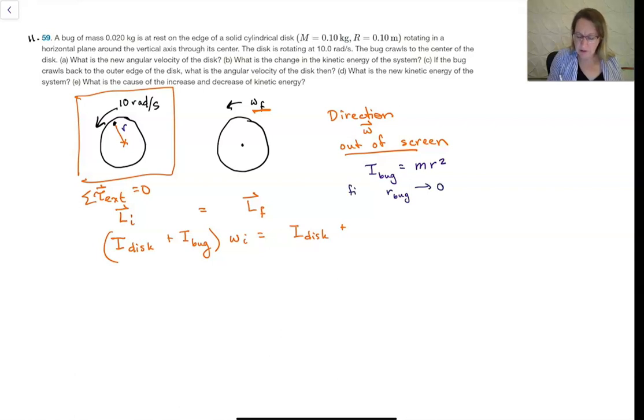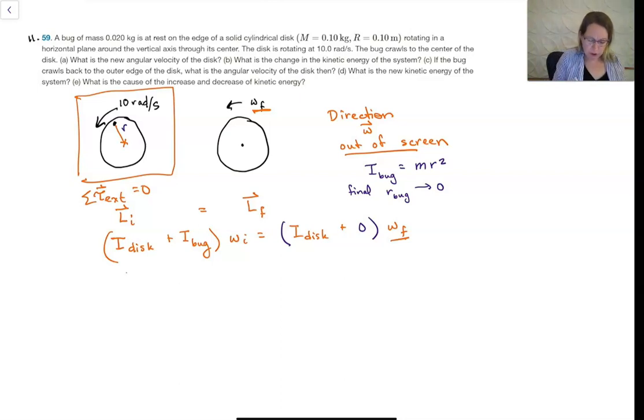So this becomes 0 times omega final. That's why our values are different, the initial to the final value, and we're expecting the final to be a bigger value. It's like the skater who brings his or her arms in as they're doing a spinning move.